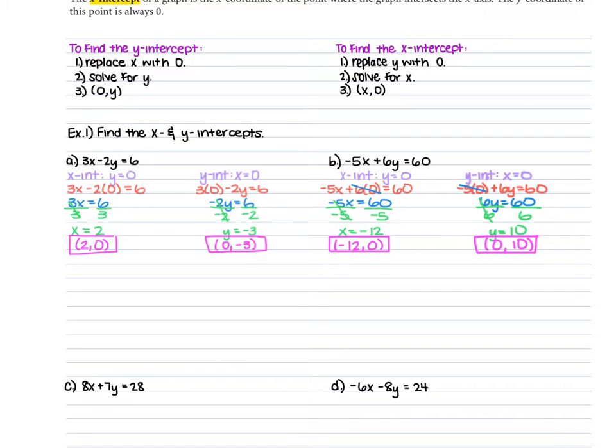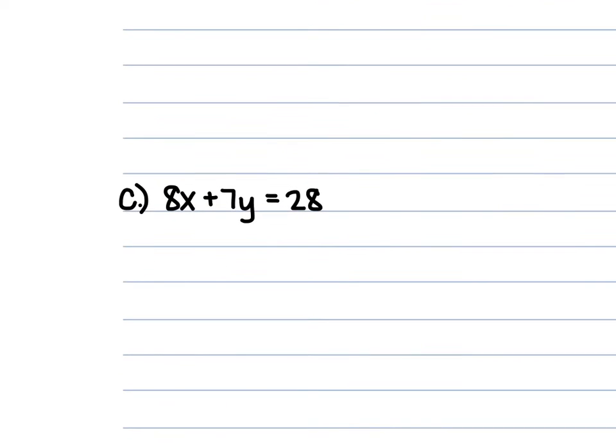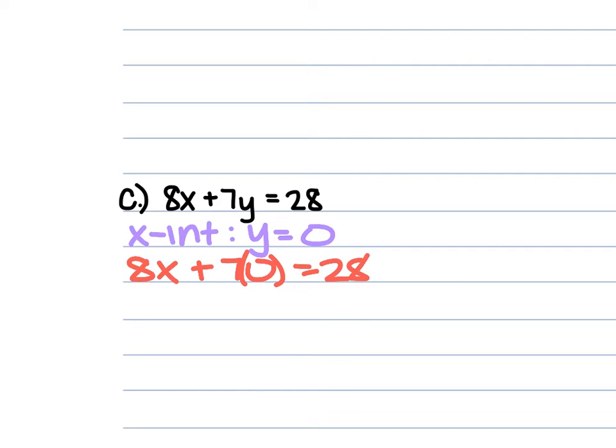For example C, we have 8x plus 7y is equal to 28. We're going to start by finding your X-intercept, so we're going to plug in 0 for y. So for the X-intercept, y is equal to 0. 8x plus 7 times 0 is equal to 28.